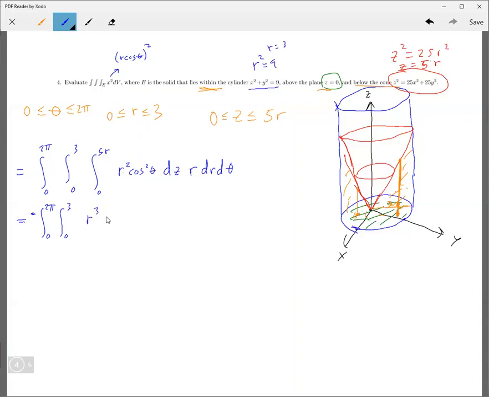We have r cubed. And now there's no z in here, right? There's just a dz. So when you integrate this, you're going to get z, so it's just going to be 5r minus 0. So the integration is going to give us 5r.